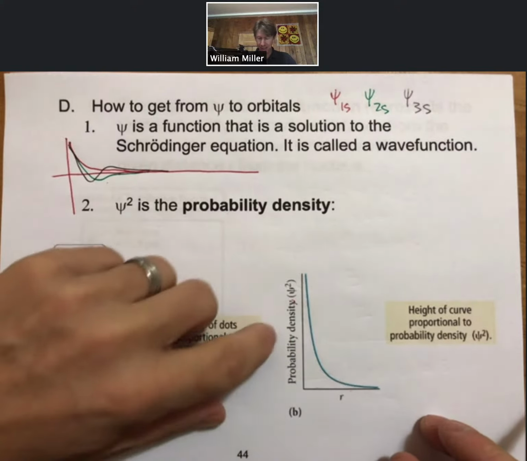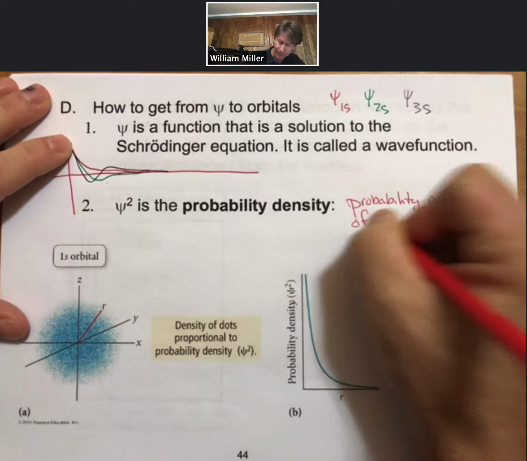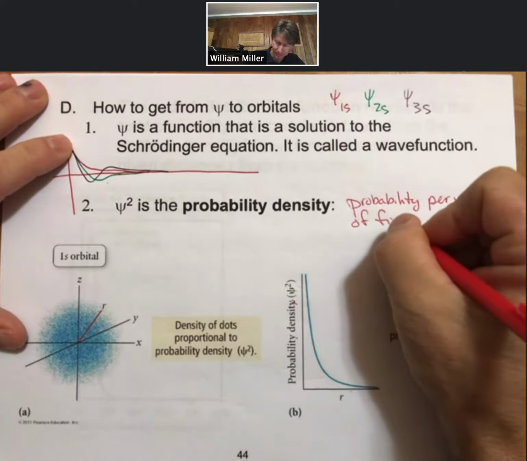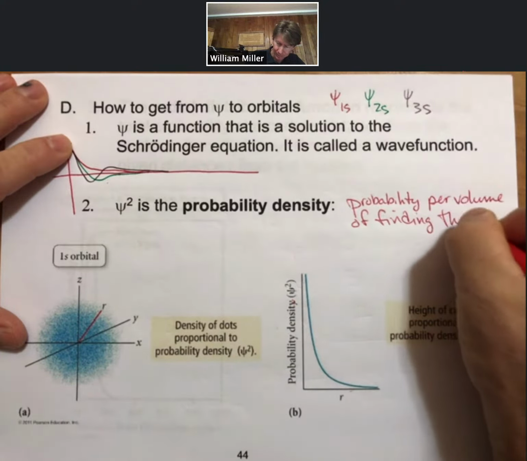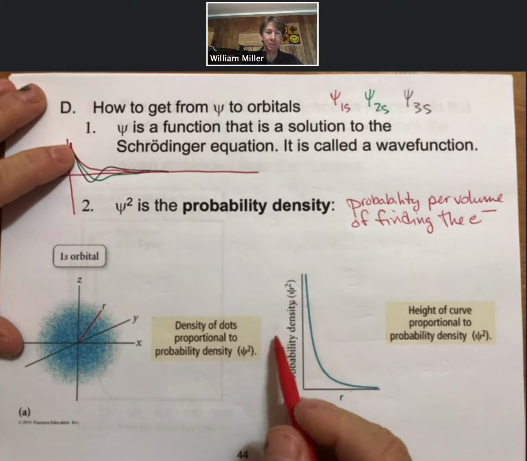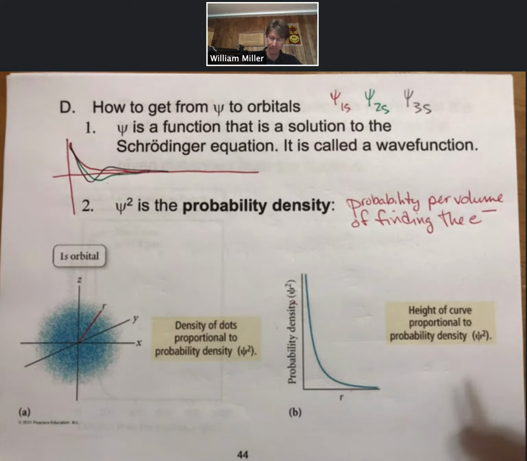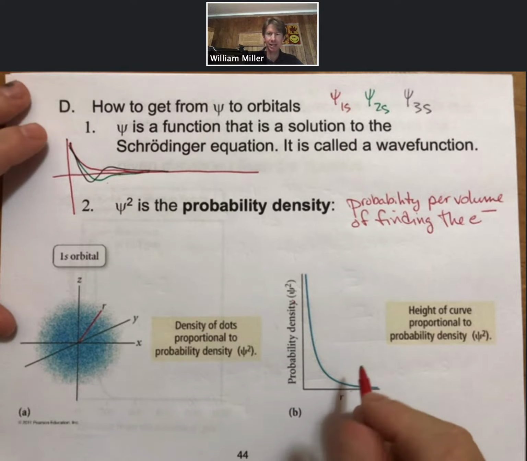And that means that the probability density, that's going to be the probability per volume of finding the electron. And the probability is at a max closest to the nucleus, so that is the place closer to the nucleus is where you are most likely to find the electron. And again, it decays exponentially or some form of exponentially as you get away from the nucleus.